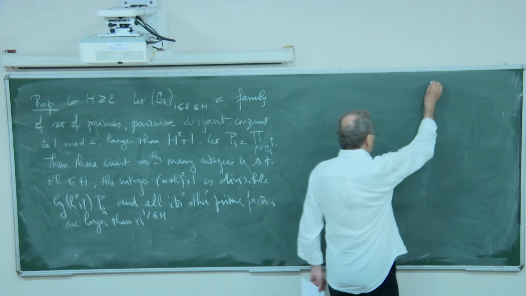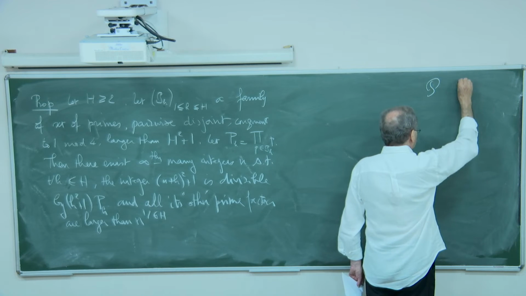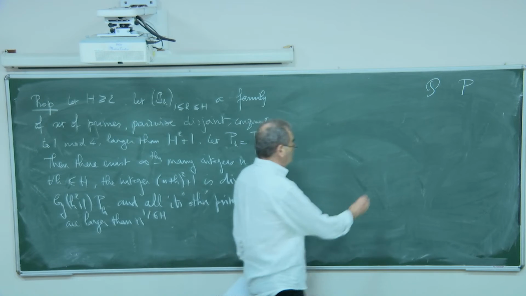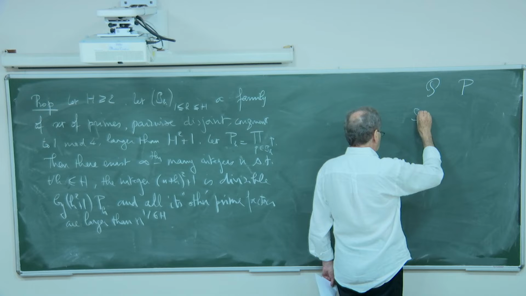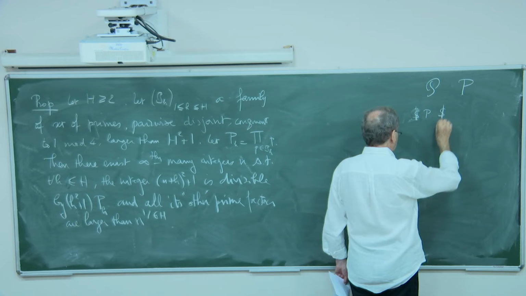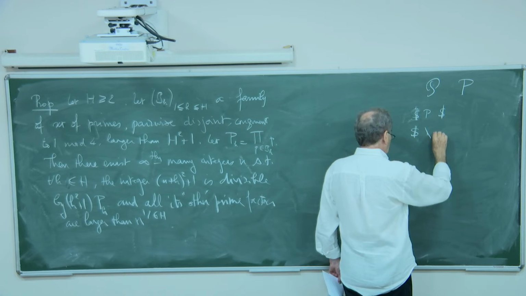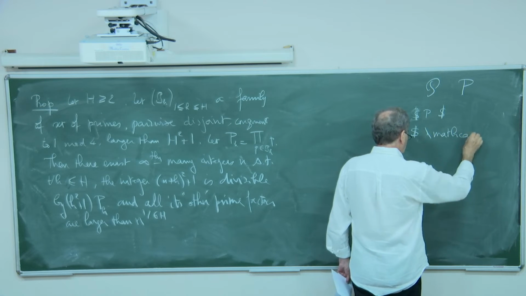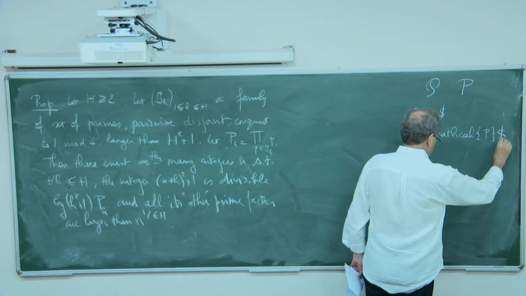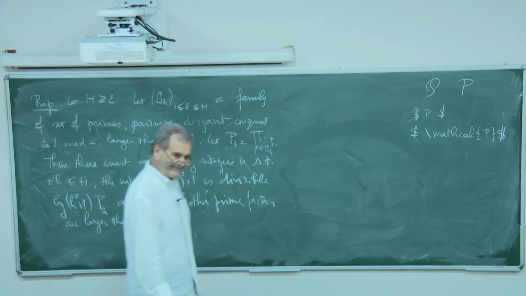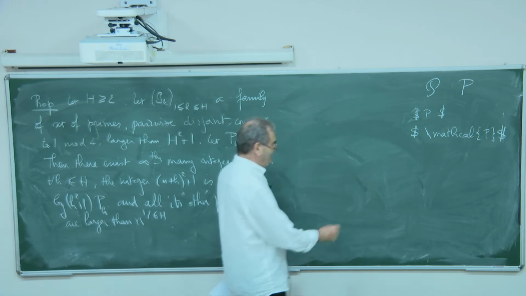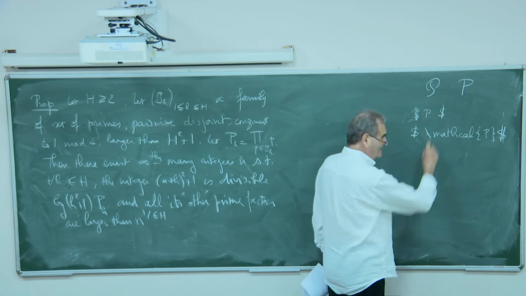Be careful, there is one which is P and one which is calligraphic P. The calligraphic P is the set, and P is the product of the elements.